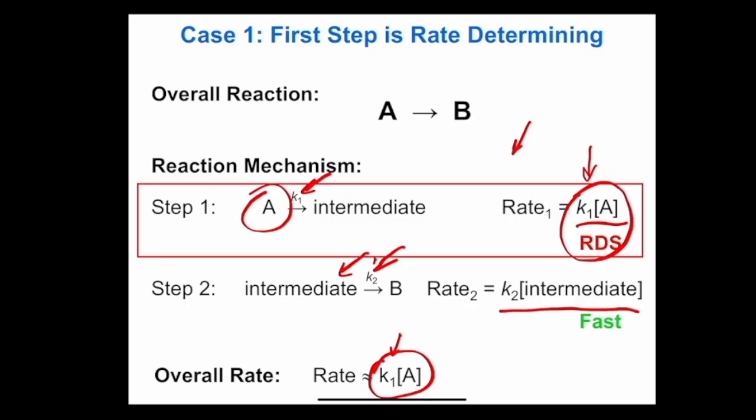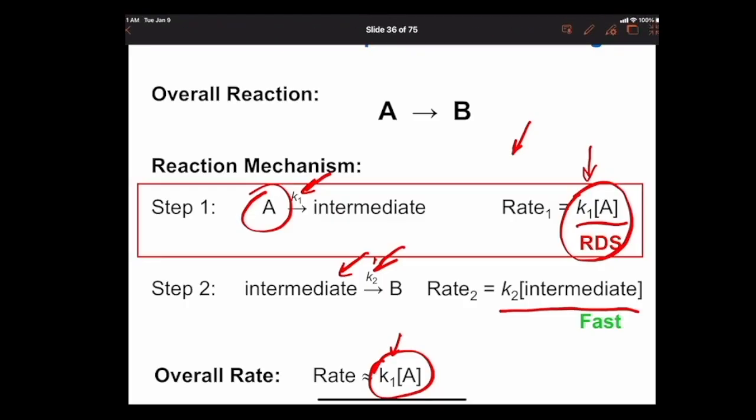Remember, slow first step, we say that either the value of K, so the magnitude of this rate constant, must be very small, right? A small rate constant is synonymous with, or means the same thing as, having a slow rate. It also means that the time of that first step will be longer than the time of the second step. So there's one way of expressing that.